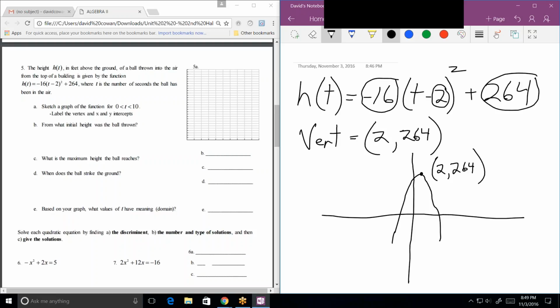But when it's in vertex format, you have to plug in 0 for t and see what you get. Well, minus 2 squared is 4. 4 times negative 16 is minus 64. Plus 264 is 200. So this point right there is at 200. That's the y-intercept. Well, it's actually 0, 200.